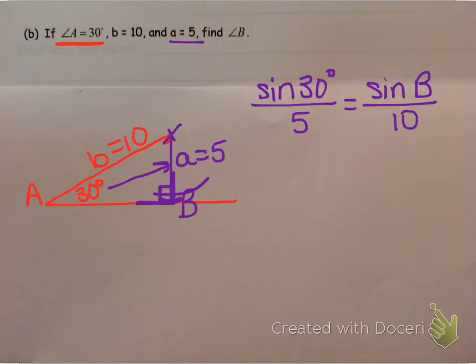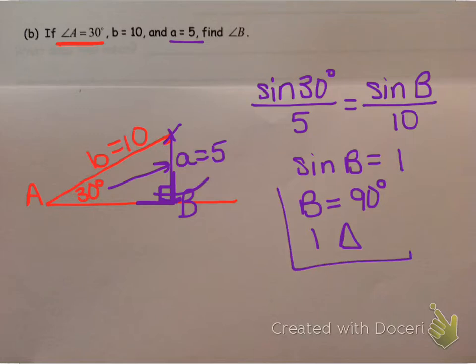This time when we cross multiply and divide, we get sine of B equal to 1. It's perfectly equal to 1. There's only one angle that has that sine value, and it's 90 degrees, which tells us there's one triangle that can be created, and angle B ends up being 90 degrees.